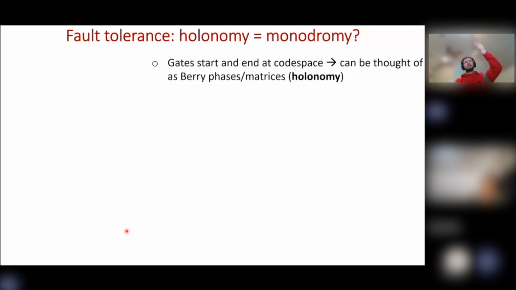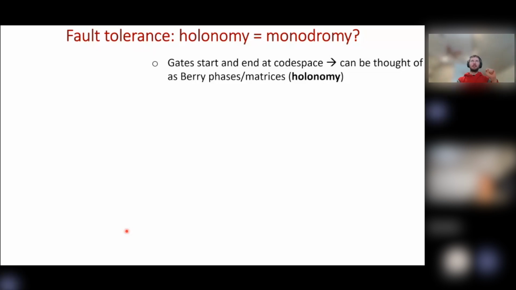But if the Berry matrix depends only on the topology of the path, meaning how many holes have been circled by the path and what kind of loop this is in terms of homotopy class, and if it only depends on that, then it's called a topological Berry phase or a monodromy, because monodromies are basically changes of coordinates that you have to do to re-parameterize your end point to be the same parameters as the point you started at, like going from 0 to 2 pi and then mapping 2 pi back to 0 because 0 and 2 pi are identified.